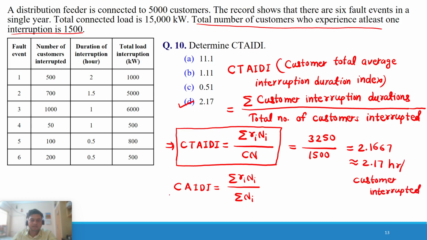For CAIDI we have calculated the value as 1.27 hour per customer interrupted.